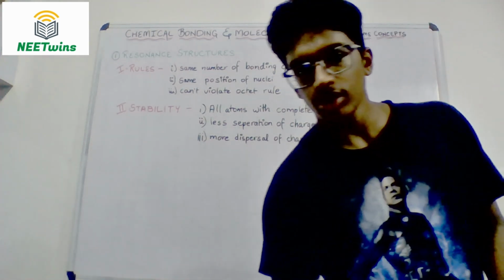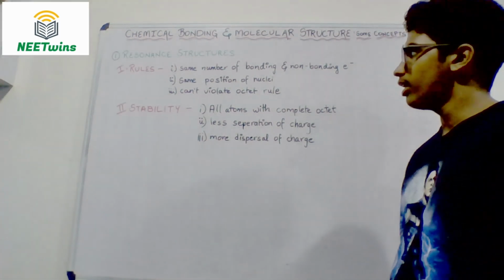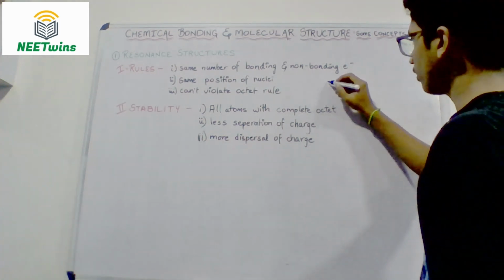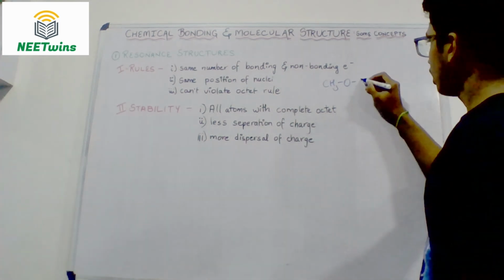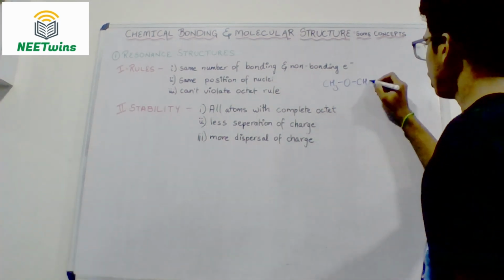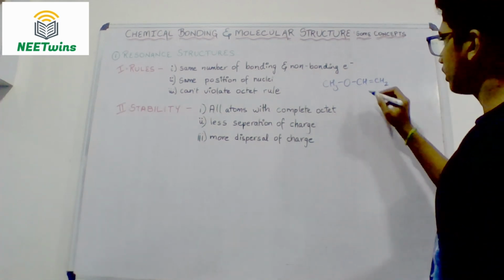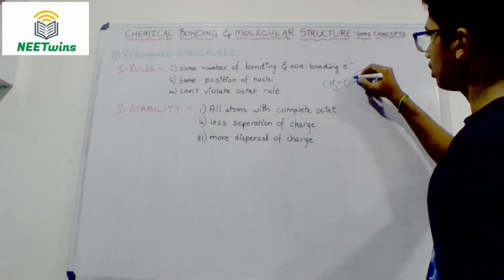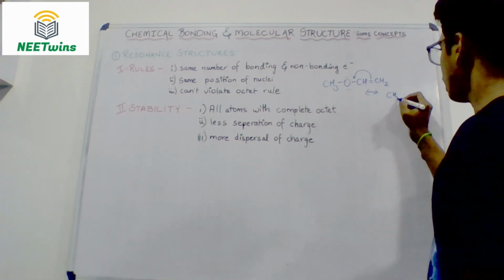And the last rule, which is the most important and most frequently used rule, is that the octet rule can't be violated. This can be illustrated in an example like this. Suppose I have an ether, which is like this. Then I decided to transfer this bond pair over here and I make a structure like this.